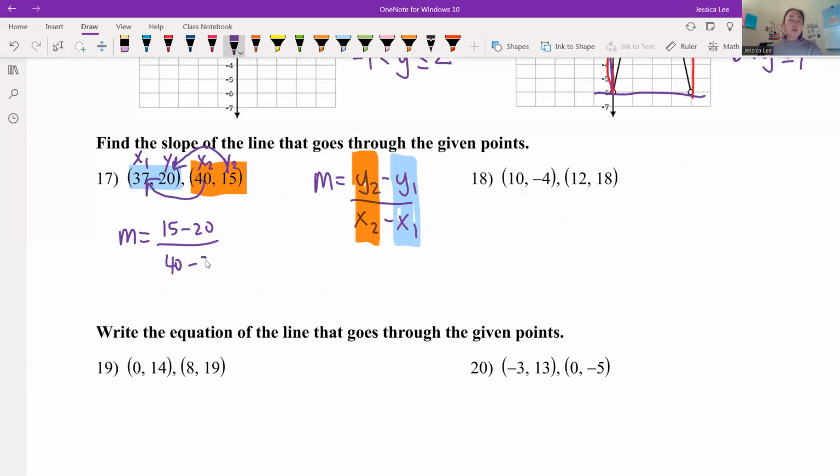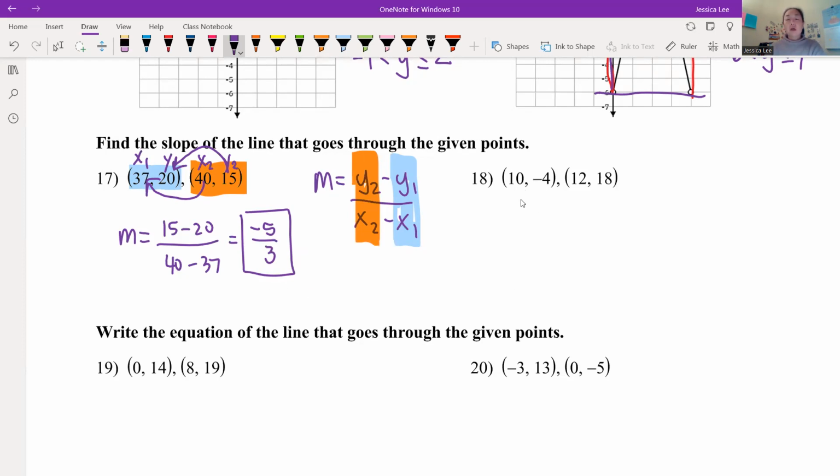So 40 minus 37. And let's see what we get. So we got 15 minus 20, which is going to be negative 5. And 40 minus 37, which is going to be 3. It does not go in evenly, so we're just going to leave it just like that. 5 and 3 have no common factors, so it is the most simplified version of the slope. Okay, here we go, done.